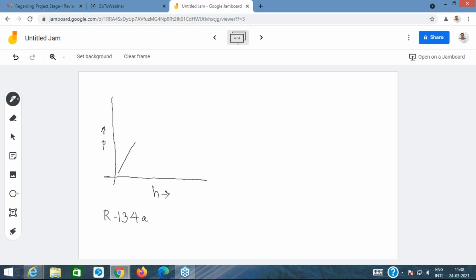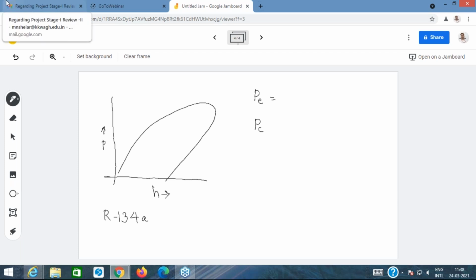This is a vapor dome, and for plotting this diagram, we need to record the suction pressure, which is the evaporator pressure, and the discharge pressure, which is the condenser pressure.